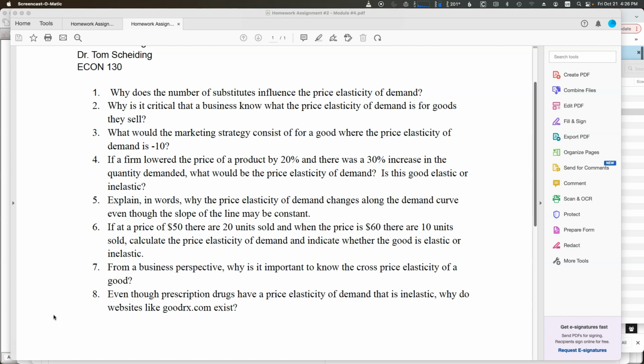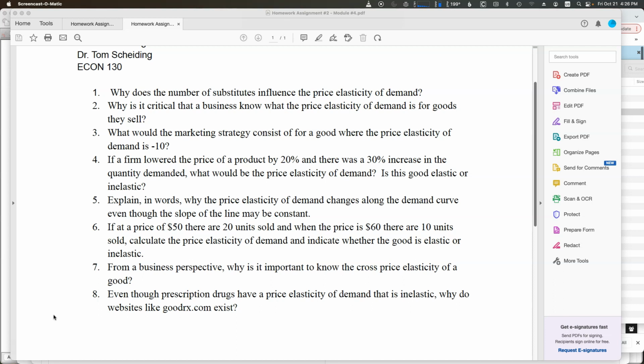Why is it critical that a business know what the price elasticity of demand is for goods that they sell? The reason it becomes important is because it allows us to create a pricing strategy, right?